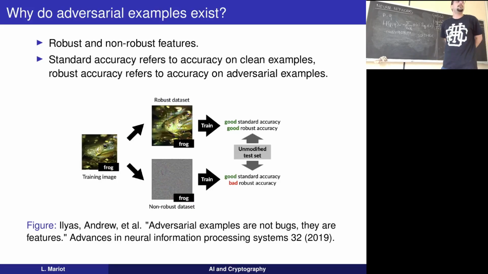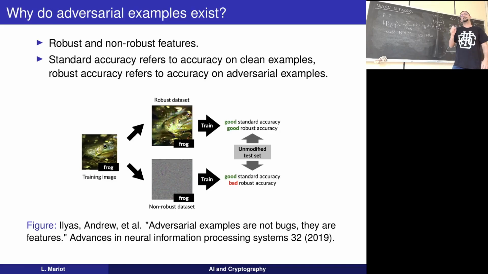And why do they exist? Well, the fact is that there exist both robust and non-robust features, which means that the features, like we said, are the components of the vector that is encoding our training examples or examples to classify in general. And we can divide them into robust and non-robust features.